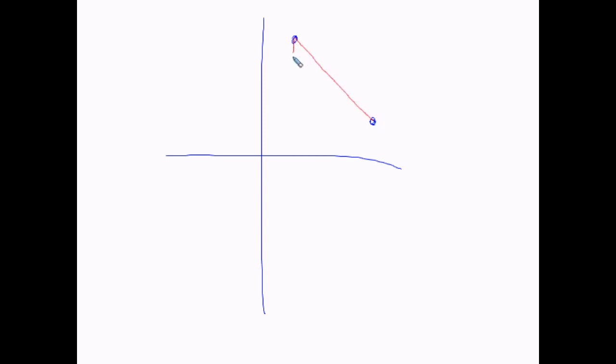If I draw this, I make a right triangle, and if I have a right triangle, I have the Pythagorean theorem. You remember the Pythagorean theorem? a squared plus b squared equals c squared. Every right triangle works like this. If I square this side, and I square this side, and I add them together, it equals this side squared.